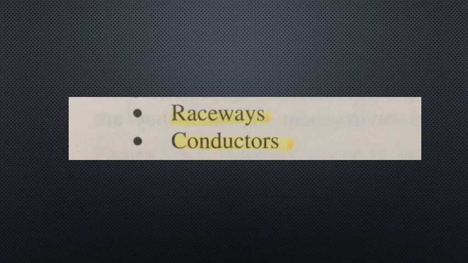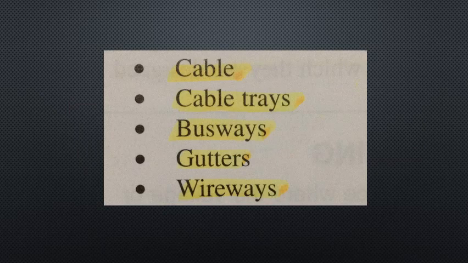The code recognizes many wiring methods for use in buildings. These wiring methods fall into several main categories, some of which are shown on the screen: raceways, conductors, cable trays, busways, gutters, and wireways.